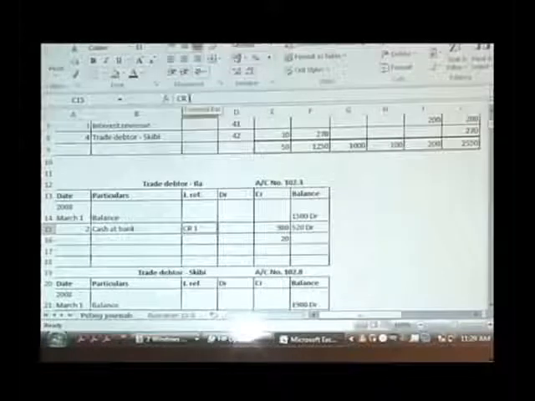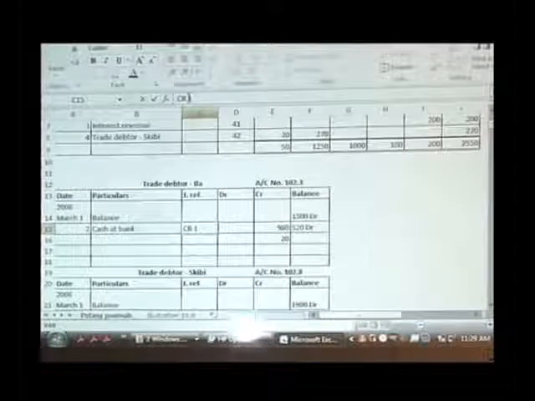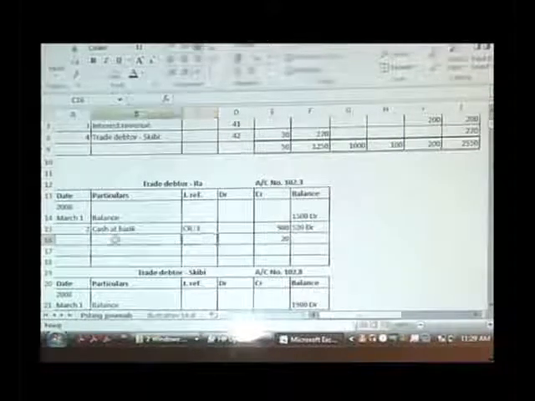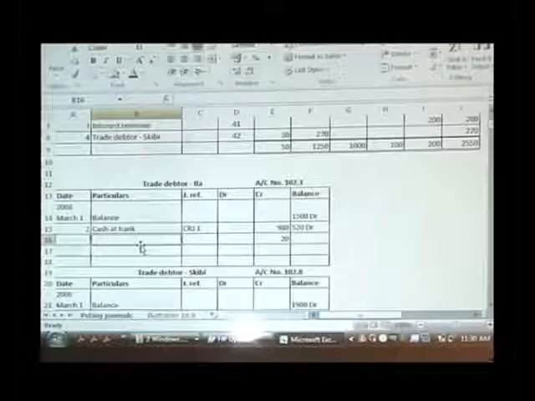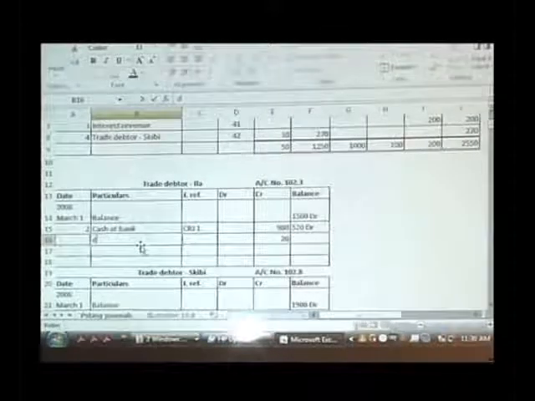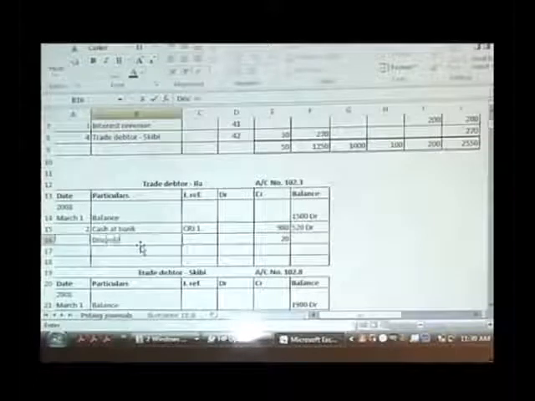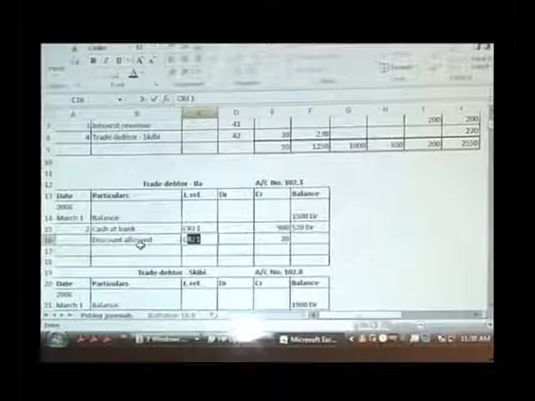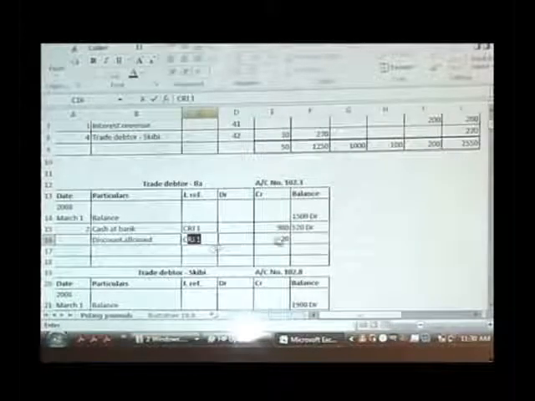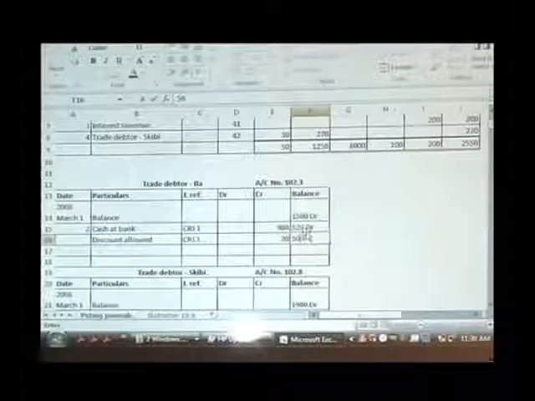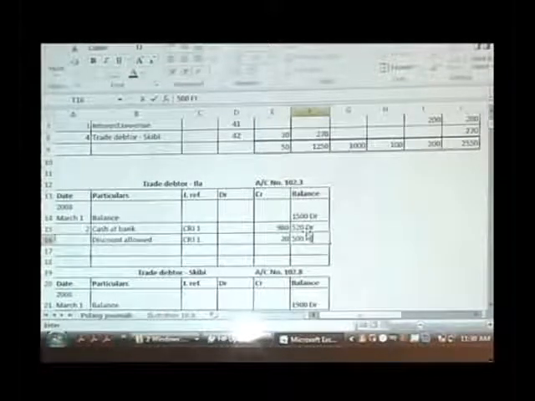See, this is the cash receipts journal, CRJ. It is on the same day. Discount allowed, CRJ1, 20, and the final balance is 500 kina.